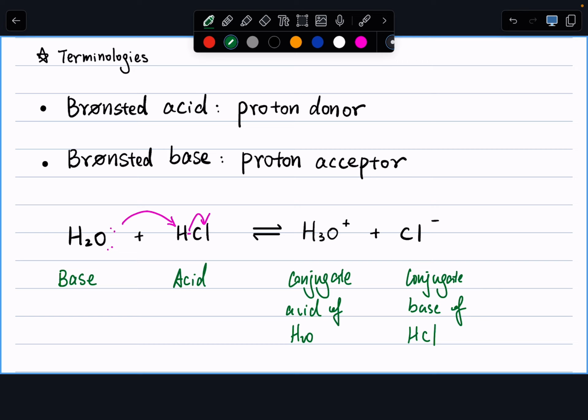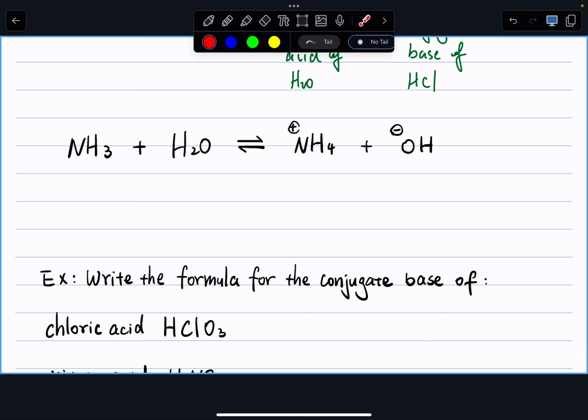All right, and same applies to something like when you're reacting a base, like ammonia, with water. So for example, in here, you can react my ammonia with water. So let me just redraw my H2O so I can do arrow pushing.